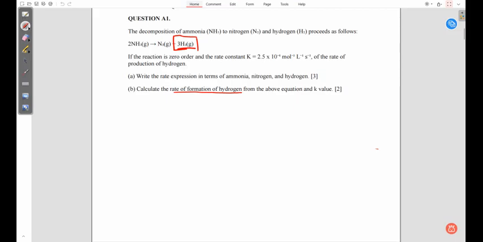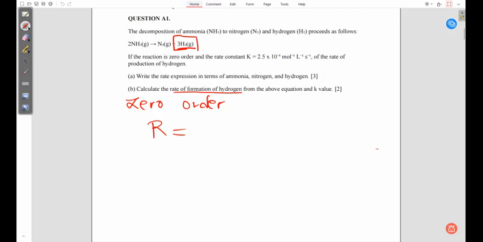One thing to note here is we are told this is a zero order reaction. So for zero order, if you had to write the rate law, if you're new to the rate law, watch our video on chemical kinetics, where the rate law has been explained.